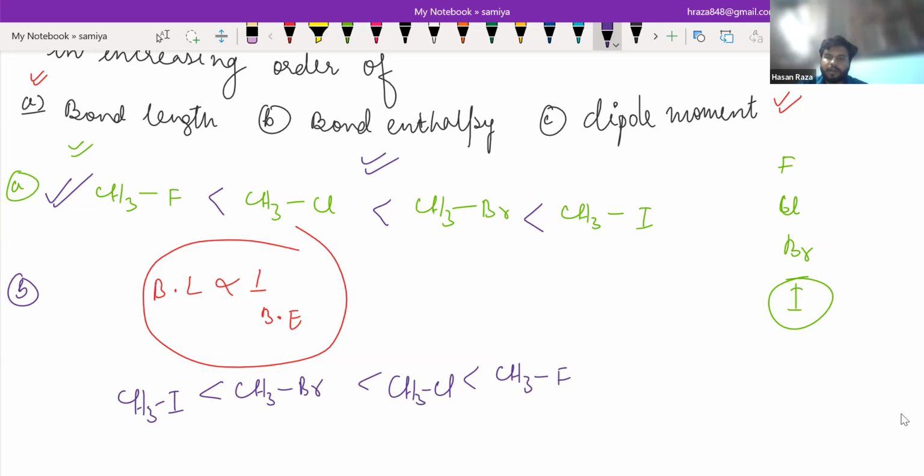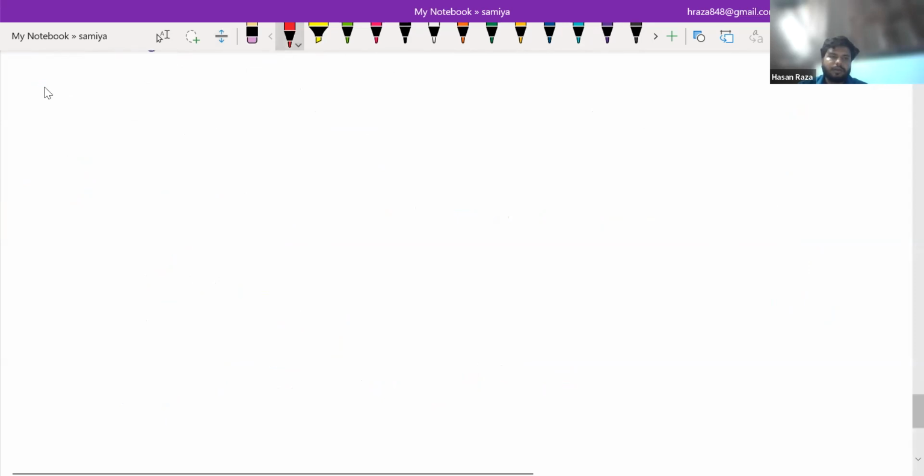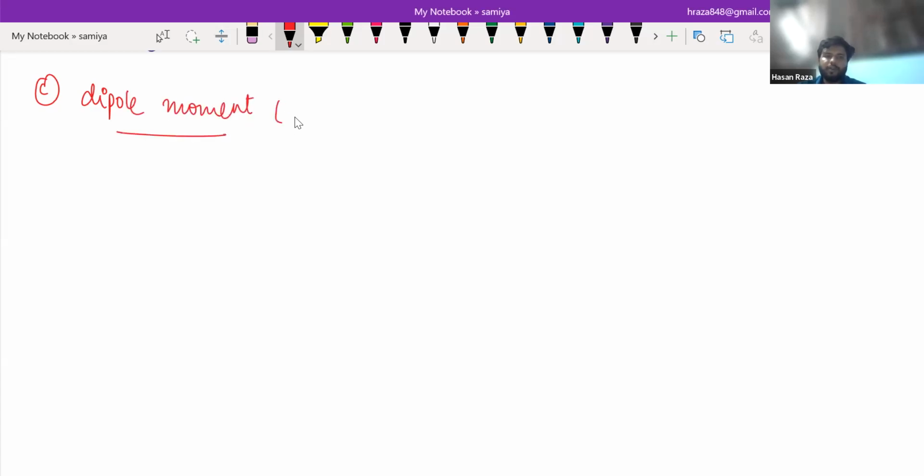Very good. Now see about dipole moment. Bond enthalpy is basically the energy required to break the bond, or the energy released on formation of the bond. Dipole moment is denoted by mu, which is equal to Q into r.